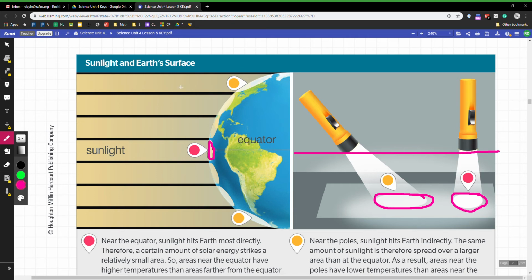In comparison, the light coming up towards higher latitudes is more spread out over a larger area. So it's actually not getting as much energy from the sun if you're at higher latitudes, because the light is spread out, versus the latitudes near the equator.